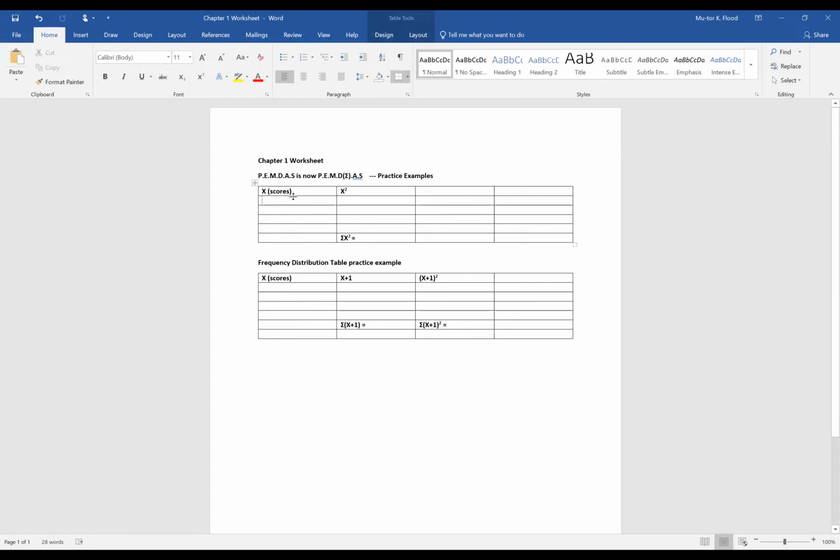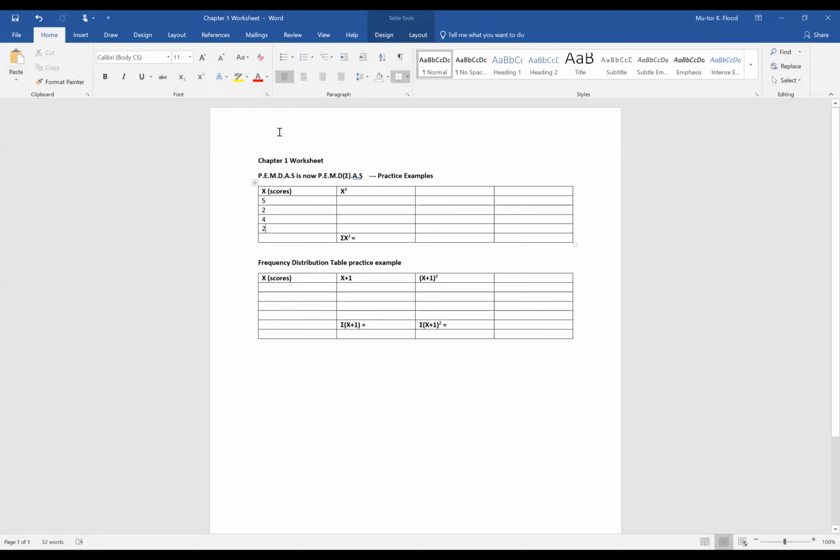So I made this little table and you can use this. This is going to be in your modules as well. The scores are 5, 2, 4, and 2.